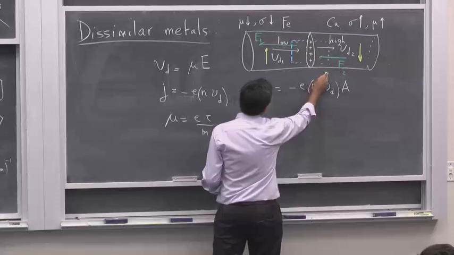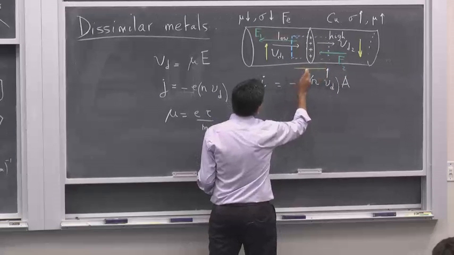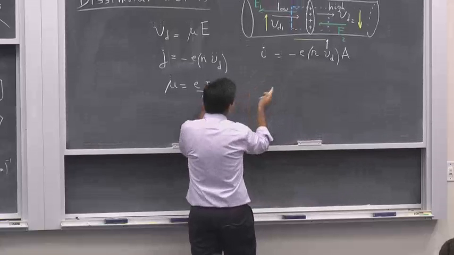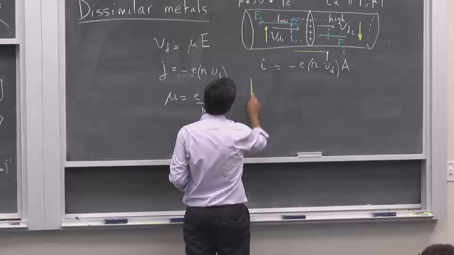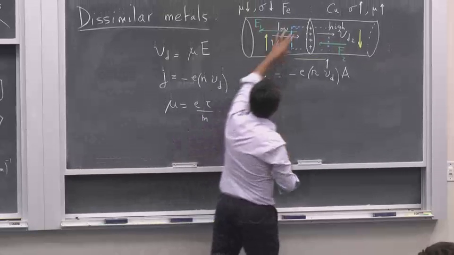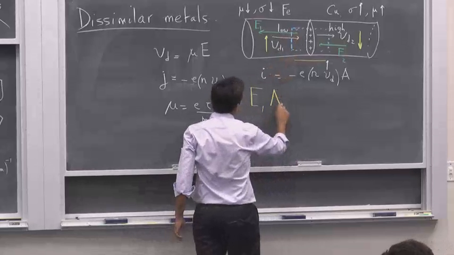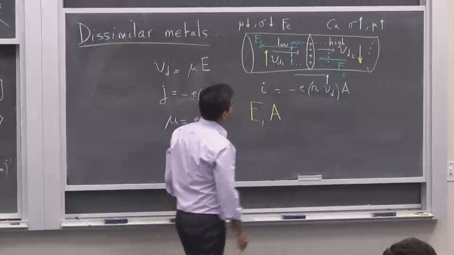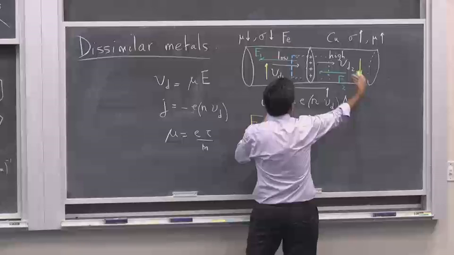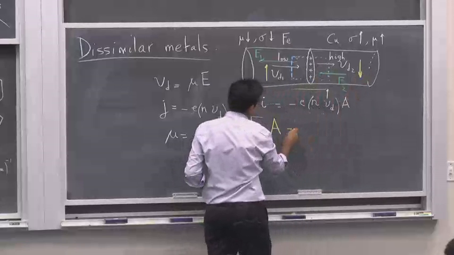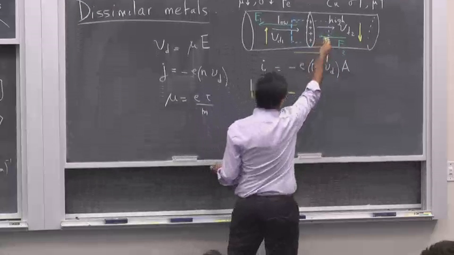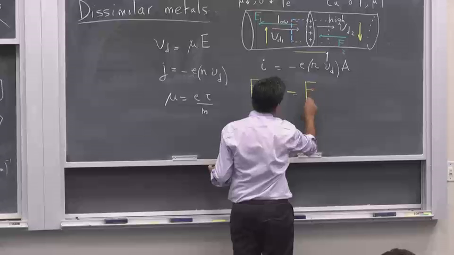And if I were to apply Gauss's law here, I would have E1 into this cross-sectional area which I take to be A. And here the electric field is in the opposite direction to the surface area here, E2A.